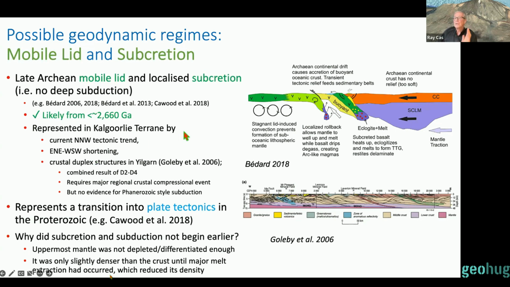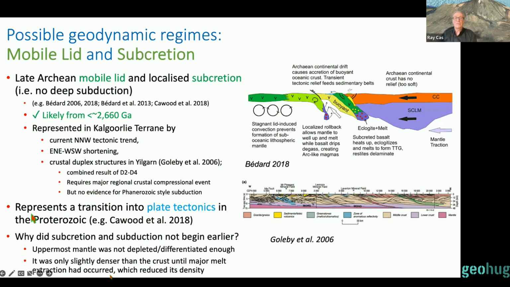And very importantly, the timing of those D2 to D4 convergent compressional deformations coincides with the onset of late basin sedimentation and then continues beyond that.